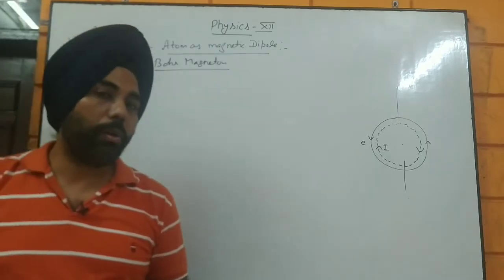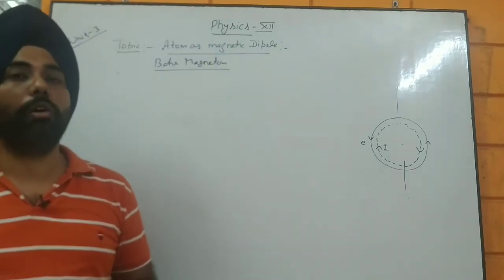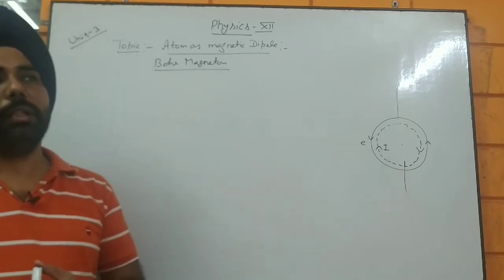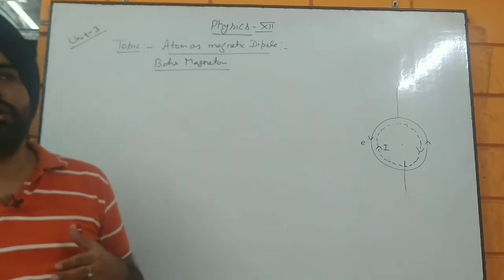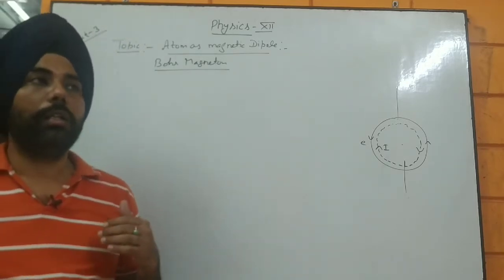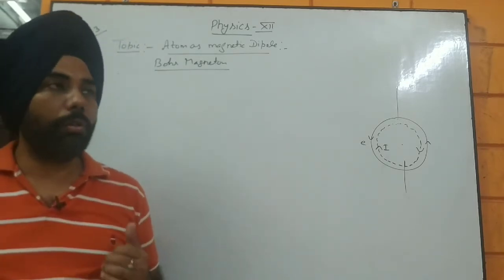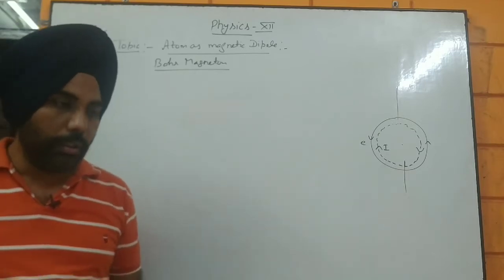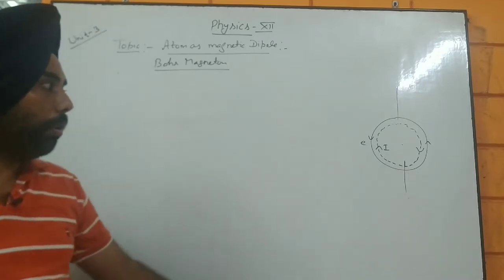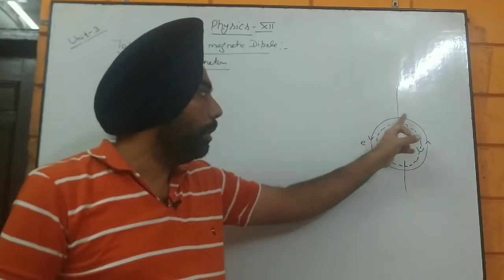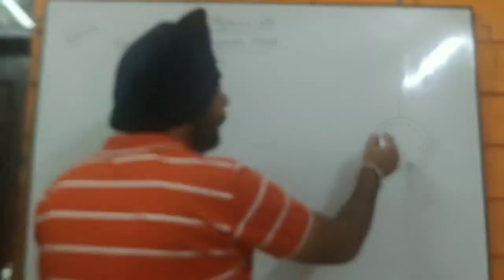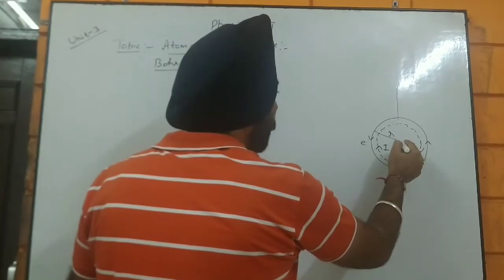As you know, electronic current and conventional current are always moving in opposite directions. In electronic current we trace the movement of electrons, and in conventional current we trace the movement of positive charge or holes, which is opposite to the movement of the electron. So whatever you want to assume, the conventional current is now in clockwise direction. Let's assume that the radius is r.